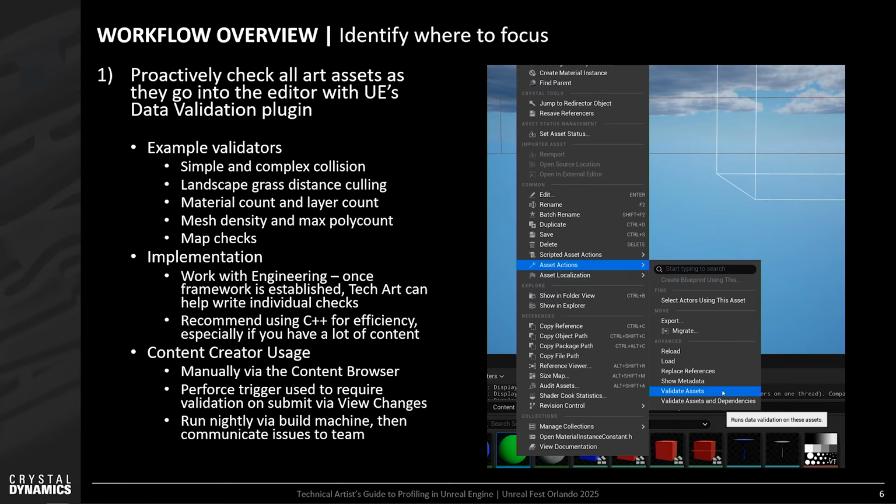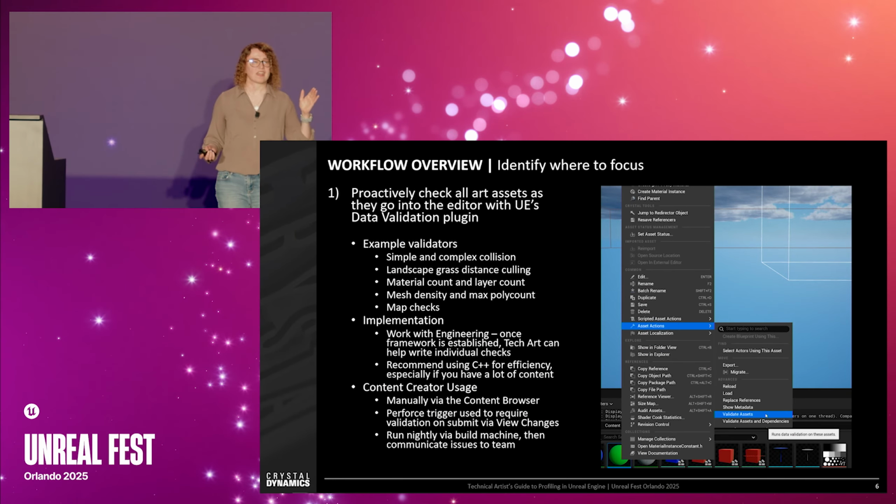And then this will also show up in the change list description, so you can easily verify that all content is being validated. We're also running validation nightly via the build machine, and then we'll get a long list of any validation errors that have popped up, and we can communicate that easily to our content creators via Slack, or use whatever communication channels you prefer using.